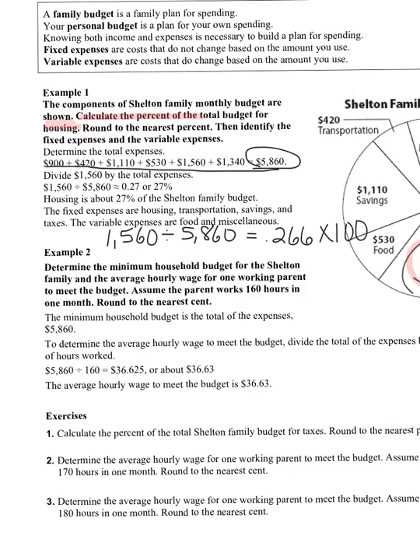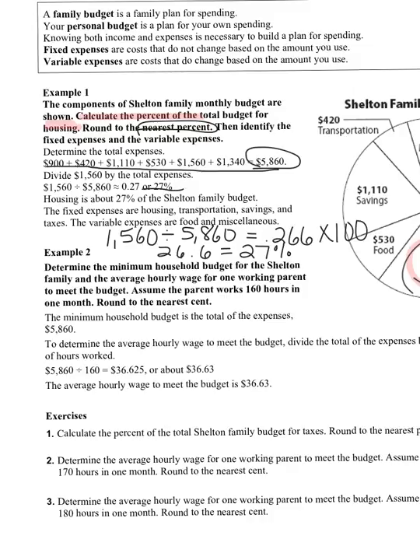So if you take your calculator and multiply that decimal by 100, you get 26.6. But they do want us to round to the nearest percent. 26.6 rounds to 27%.